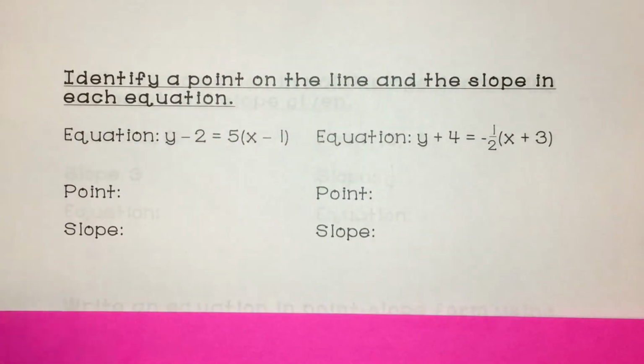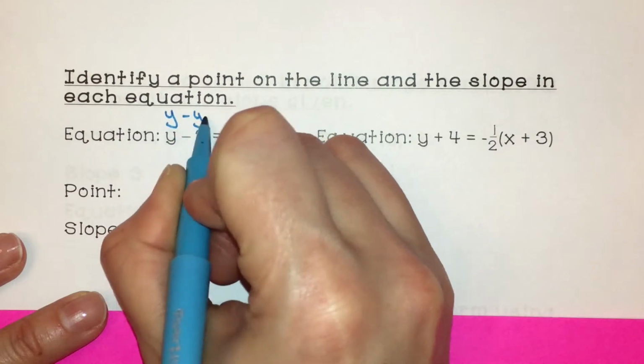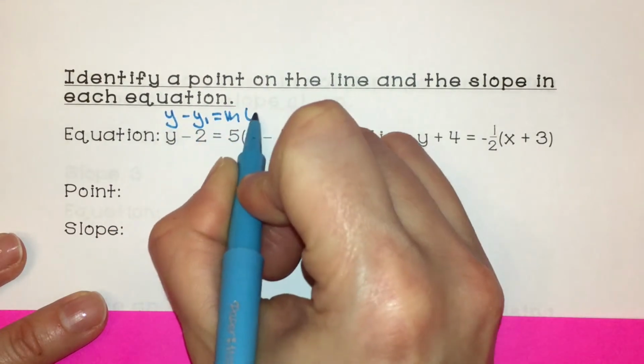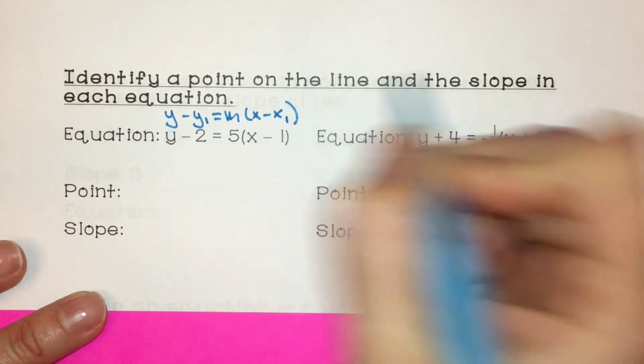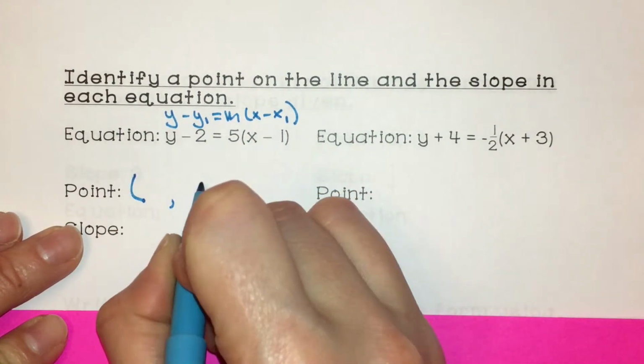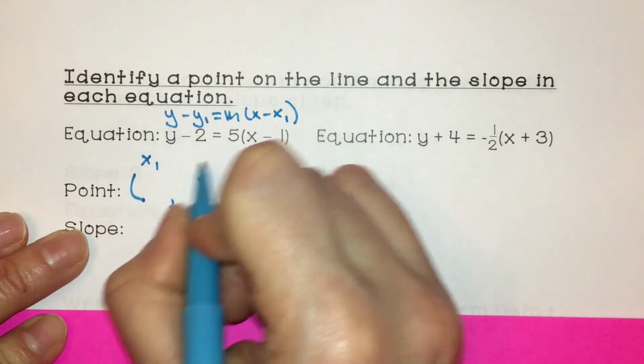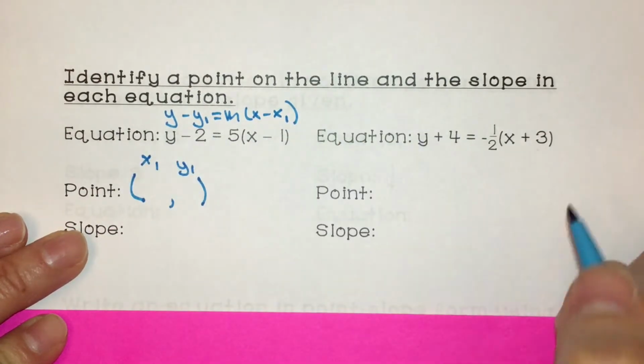All right, so next, we're going to identify a point on the line and the slope in each equation. So remember, we have y minus y sub 1 equals m times x minus x sub 1. So if I want to know what this point is that's on this line, I just have to identify the x sub 1 and y sub 1 values.